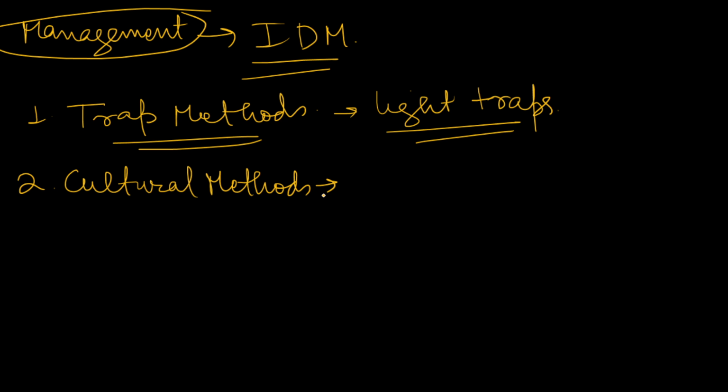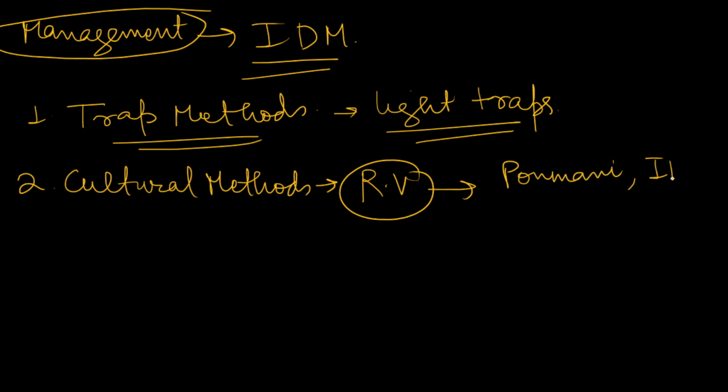In cultural methods, first of all, we can use various resistant varieties. There are various varieties of rice that are resistant to Tungro disease. Those varieties are Punmani, IR36, IR50, Surekha, Bharani.